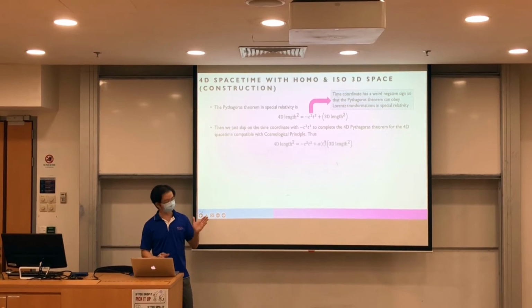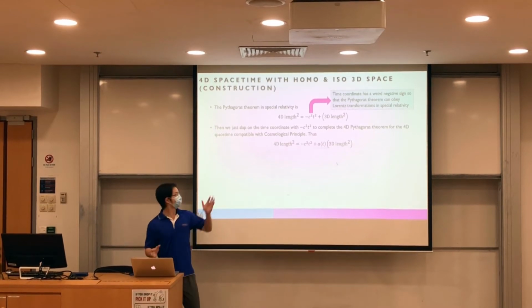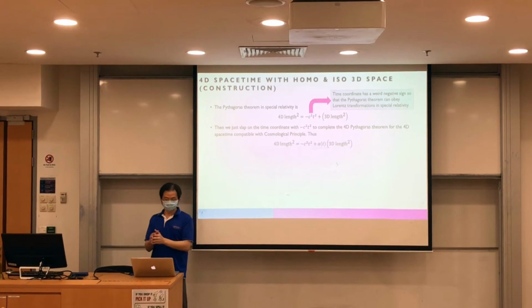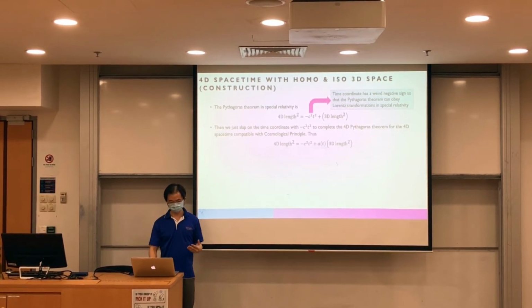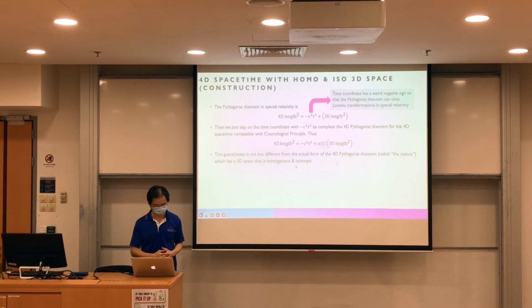Just slap it on like that. In fact, this expression is almost the answer already. In the course 3403 that I teach, we derive the full expression, and it's practically this expression, very much the same. So intuitively you can understand this quite well.